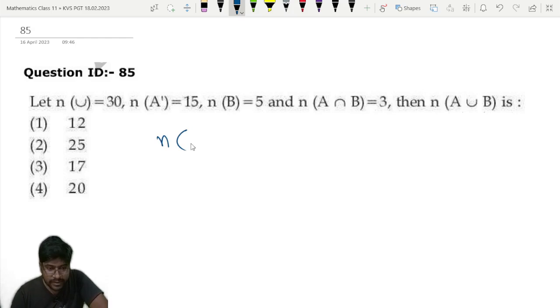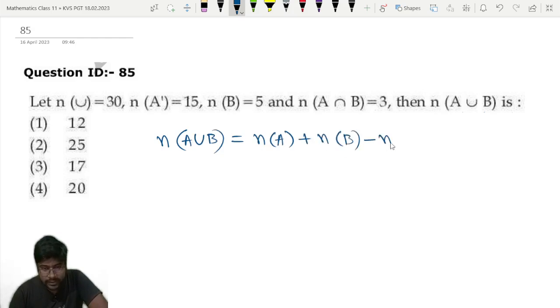Now by the formula, n of A union B will be equal to n of A plus n of B minus n of A intersection B. Now all the values we just have to put here. For n of A, they have provided the information n of A complement, and along with that they have provided the number of elements in the universal set.